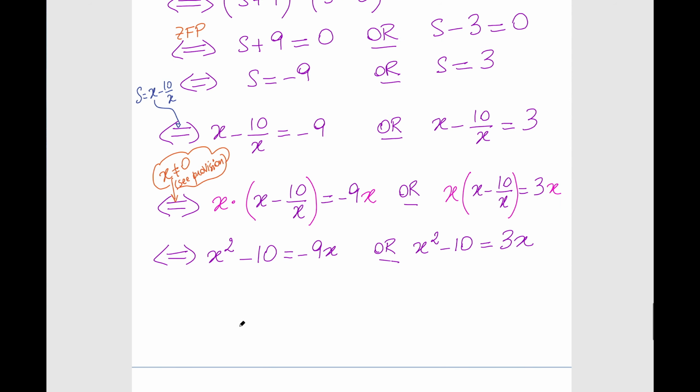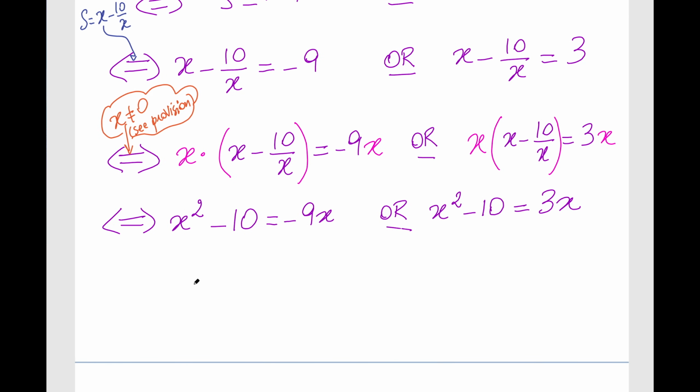Back when we were transforming information from the S environment to the x environment, we discovered that we are also encountering other equations that are quadratic actually. Okay, that's fine.